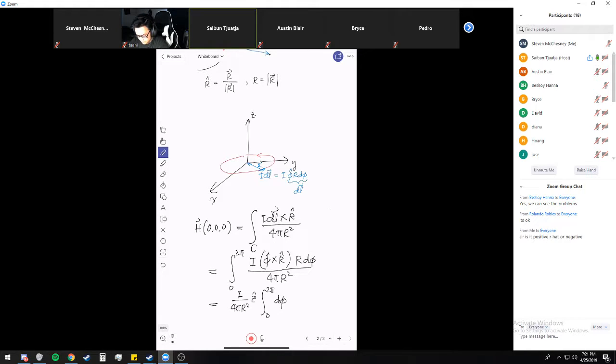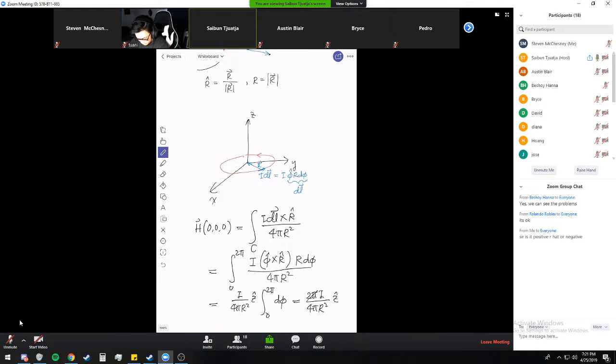So you know how to do this integration. You integrate 0 to 2 pi d phi, that's basically 2 pi, right? So the answer is 2 pi I over 4 pi r squared, and then we have z hat.